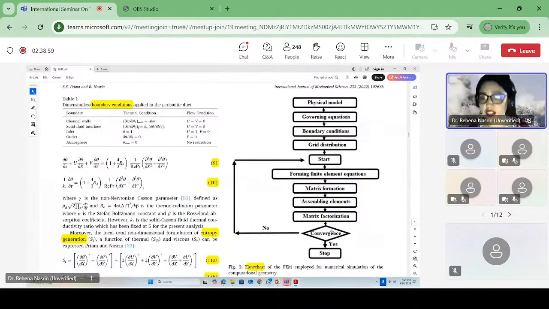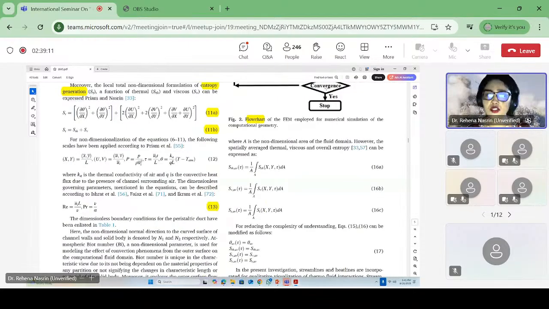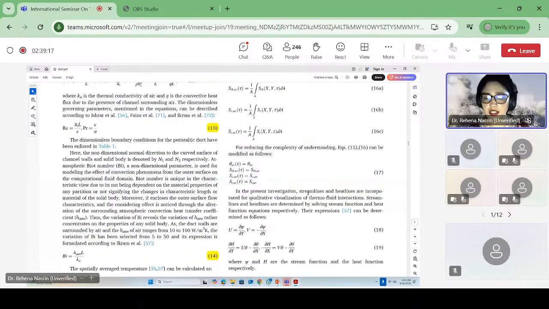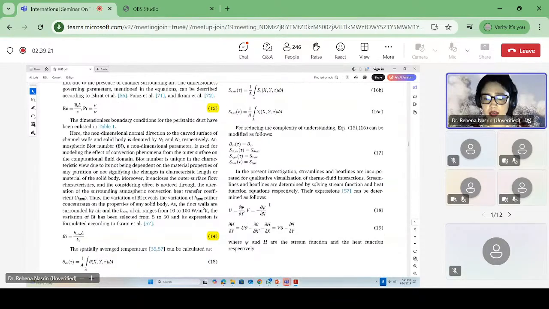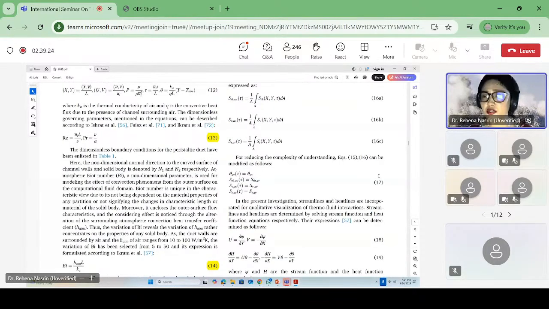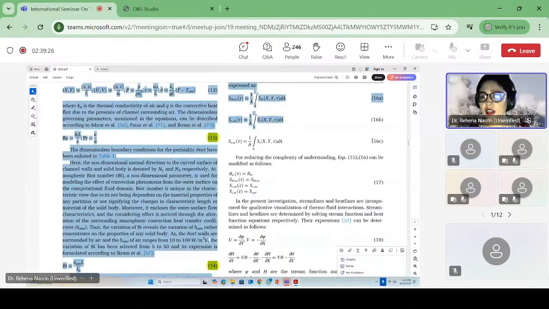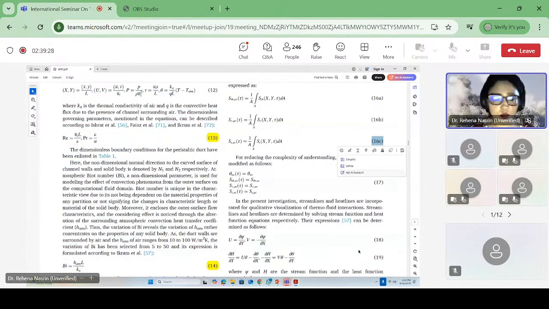If the convergence criteria are not met, then we start again from this part. And this process is known as the iterative process, iteration. So this is the flowchart of the finite element method employed here for the computational geometry, and there are many more mathematical terms shown, equations 16, 17, and 18, and so many.